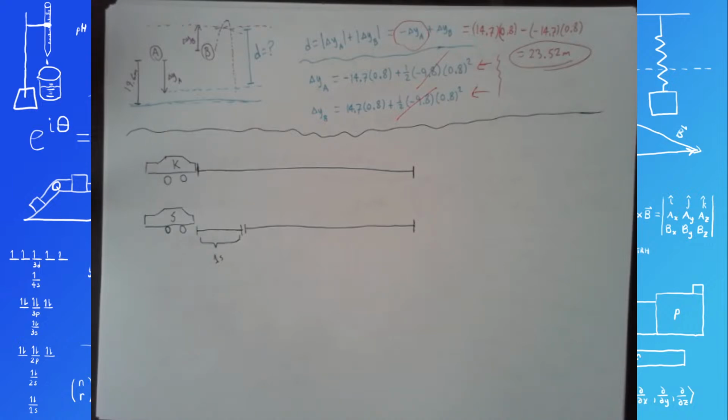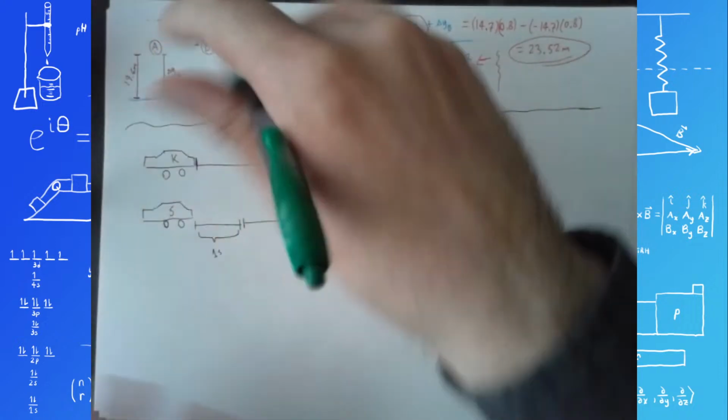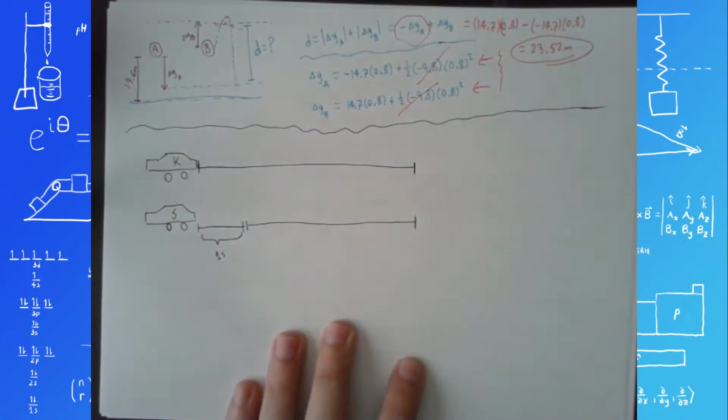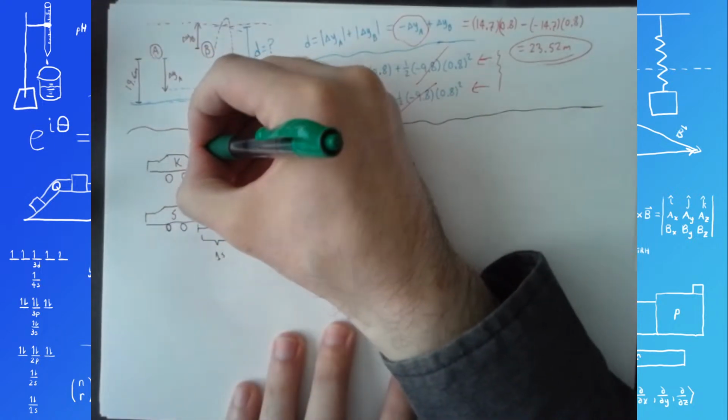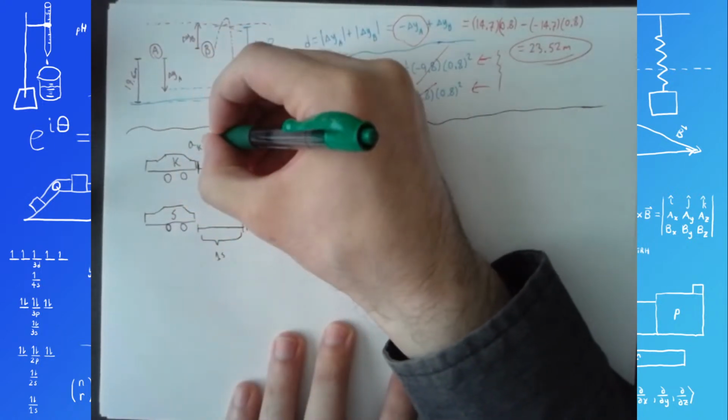Okay, which color do I want to use next? Man, decisions. I want to go ahead and write down their accelerations. So Kathy has an acceleration of, it said 4.9. Acceleration of Kathy is 4.9.